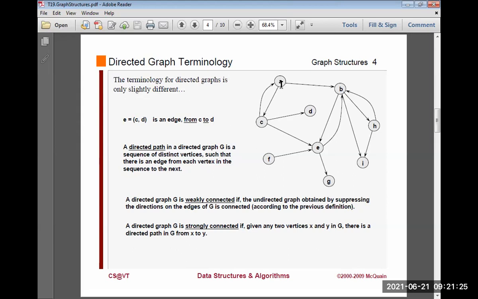Here we start at A, the next vertex is B, then the next vertex is H, and next vertex is I. So sequentially you are connecting, that we call a sequence. The sequence of distinct vertices means you just move in sequence order.